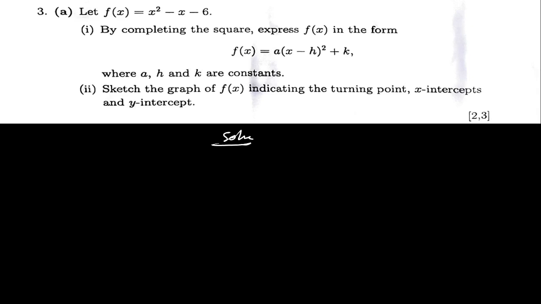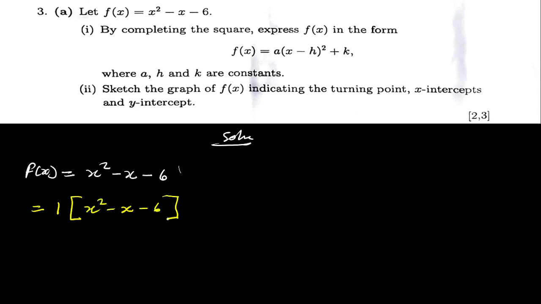So you have f of x is equal to x squared minus x minus 6. Don't get confused or mislead yourself. What you need to do here is factorize a 1. Remember to factorize a 1, then inside it will be maintained like that.